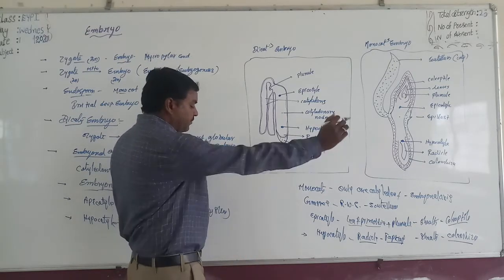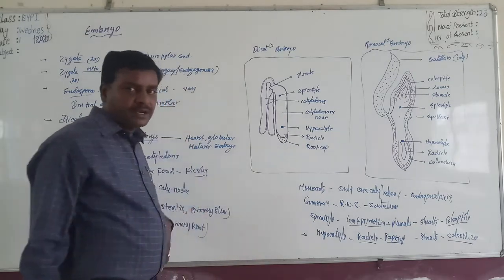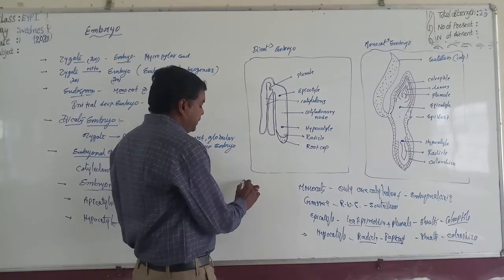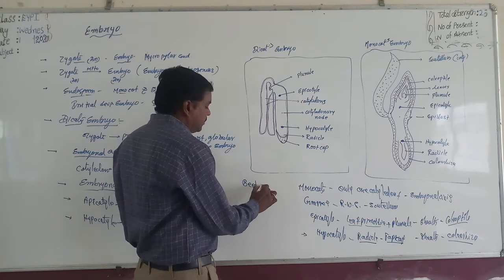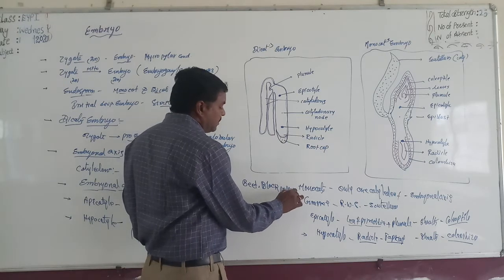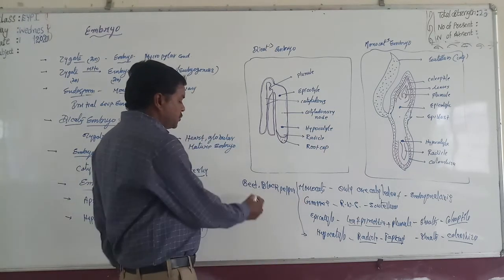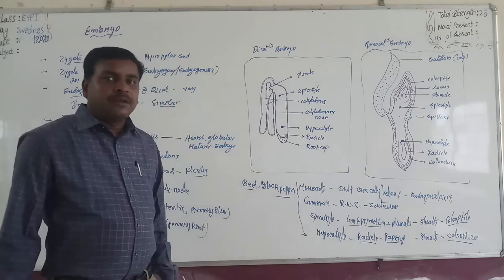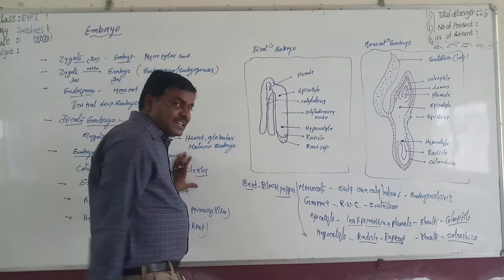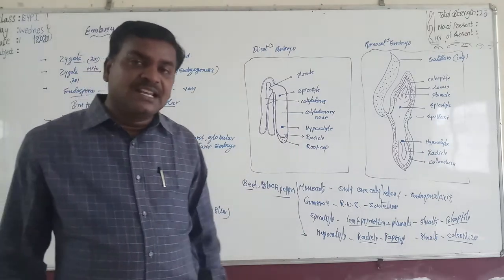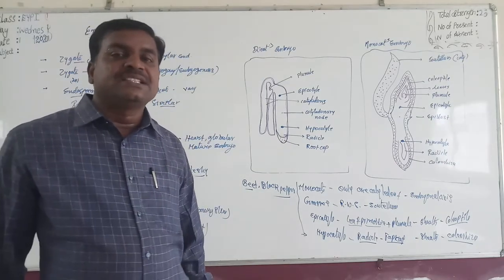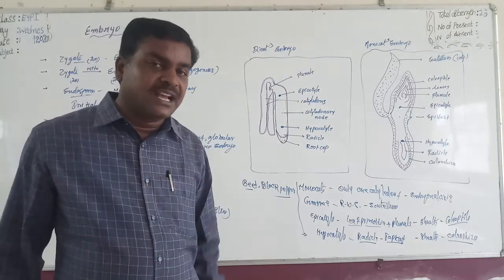Now coming to other points. Students, in some plants like beets and black pepper, here remnant nucellus is present. Some amount of nucellus is left inside the seeds. Actually, nucellus is the food material for the developing embryo sac.